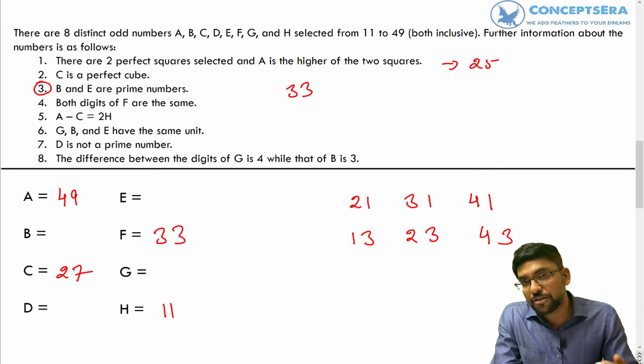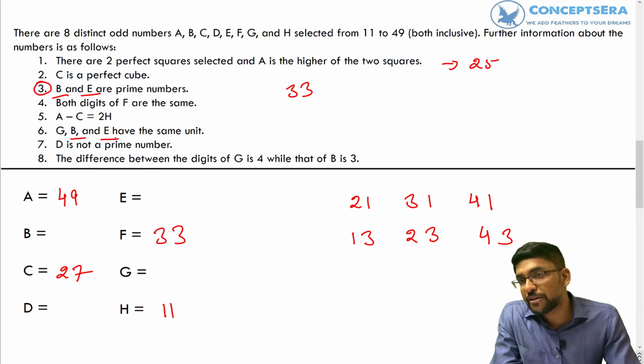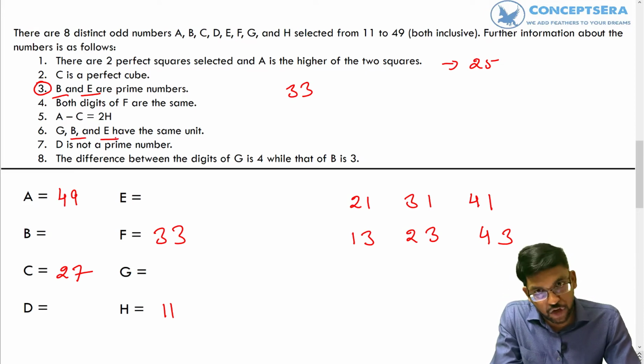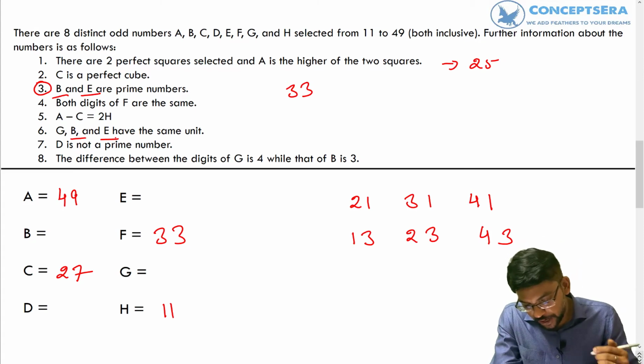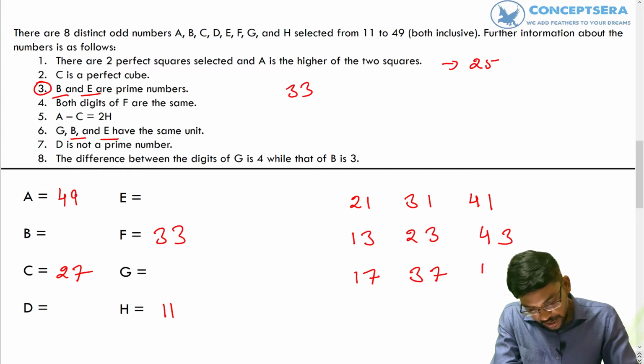If the number is ending with 5, I cannot take it here because we know from information 3 that, out of these 3 numbers, 2 numbers are prime numbers. And when a number is ending with 5, that number cannot be a prime number except 5. So we cannot take 5 here, so we have to move towards 7. If the number is ending with 7, we can write down 17, 37 and 47.